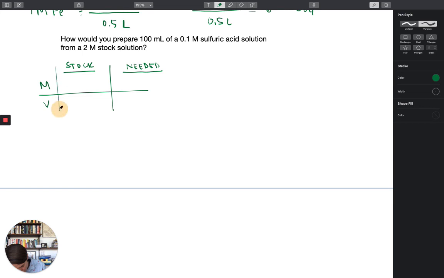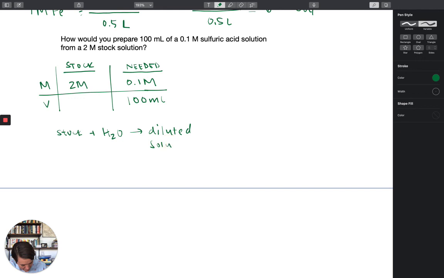So my stock is 2 molar. What I need is 0.1 molar. I need 100 milliliters of it. So I'm going to take my stock, add water to get my diluted solution. So the question is, how much stock do I need? And then how much water do I add?